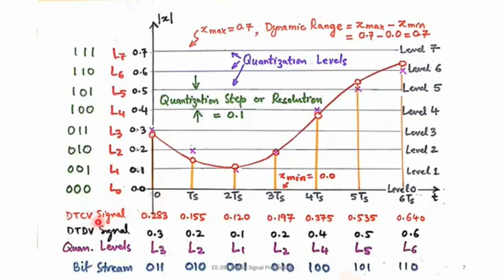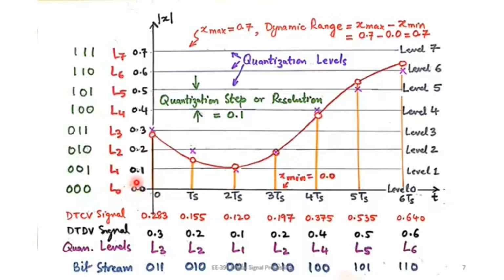Okay, so once this process is done, then we will go into the quantizer. If we look at the minimum and the maximum values which this signal can acquire, the minimum is 0.0. So this signal can go as low as 0.0 and there is no chance that it takes a negative value.